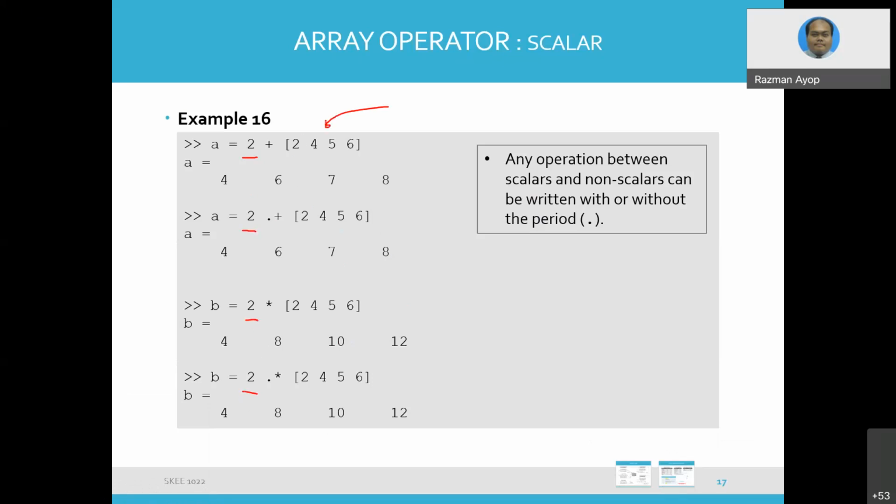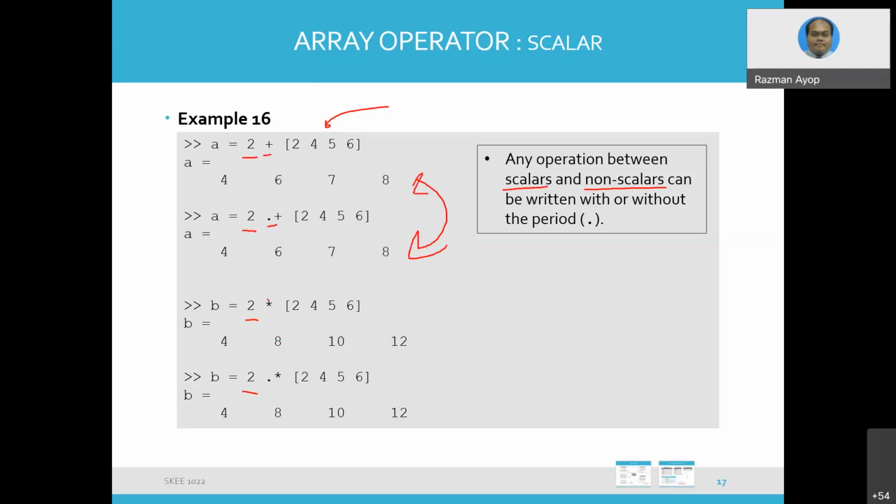This is a vector or array, depending on you. So anything with a scalar and non-scalar, when you add, either you use array or matrix, the answer will be the same.